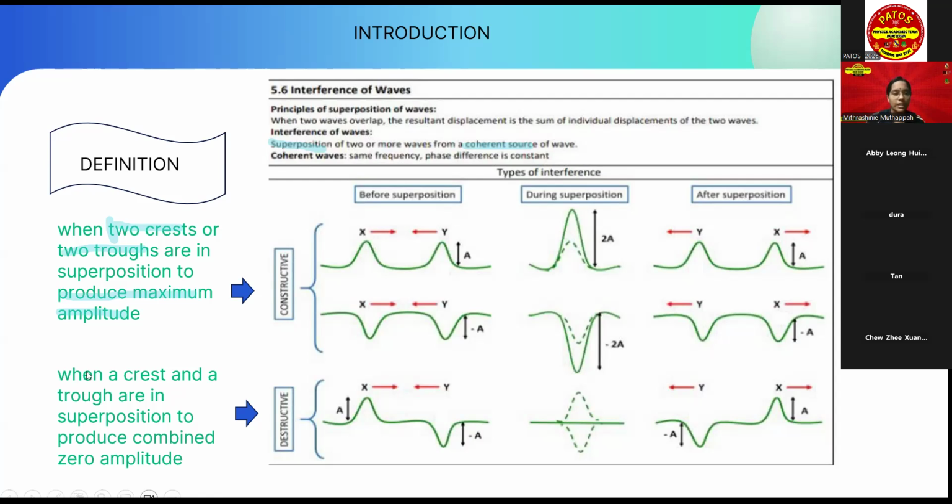So destructive interference occurs when a crest and a trough are in superposition to produce combined zero amplitude. That means when a crest and a trough, which has an amplitude value of A and negative A, combines, it produces a straight line. Straight line represents zero amplitude produced. And after the superposition, it goes back to its normal position.